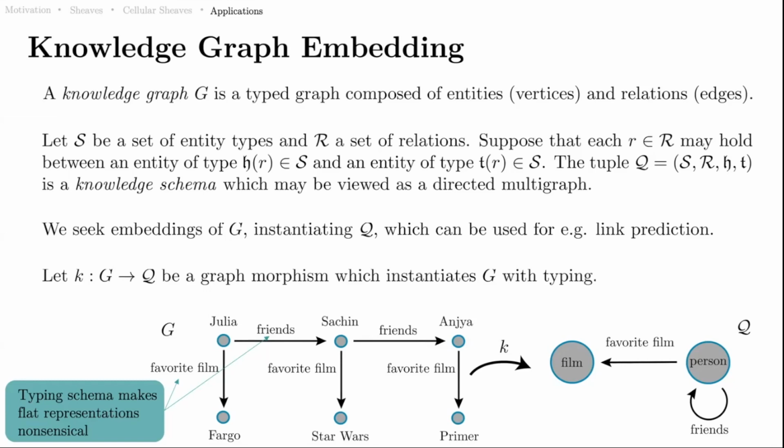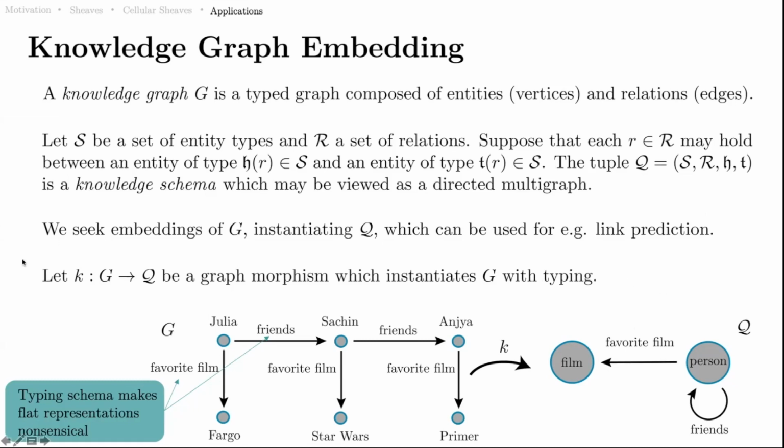Knowledge graphs are an example application where the type of the edge is actually important to the semantics of the knowledge contained within it. So a knowledge graph, we can define somewhat rigorously as having a definition of some schema, which would be this multi-graph structure down here, which defines our typing on the knowledge graph.